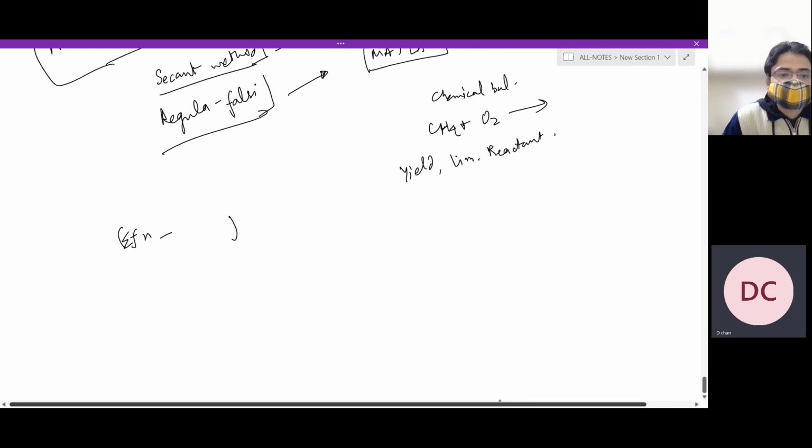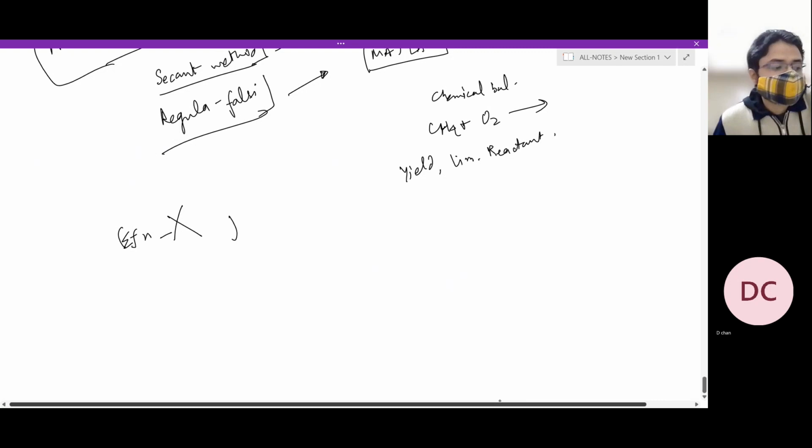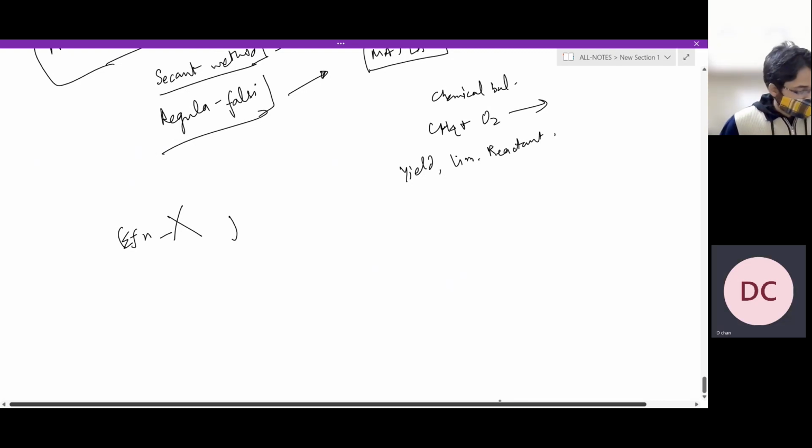That entire thing is not actually required. Calculations of limiting and excess reactants are really simple, probably the simplest thing you could ever encounter in chemistry. Yes, it is actually really problematic for a lot of students.